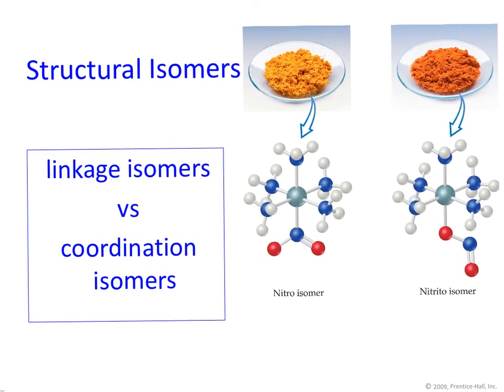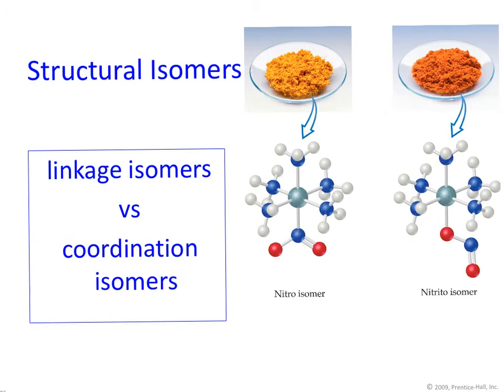So in this image, we see what's called a nitroisomer and a nitridoisomer. So remember our ligand list, nitro is NO2 minus as a ligand with N as the donor atom.